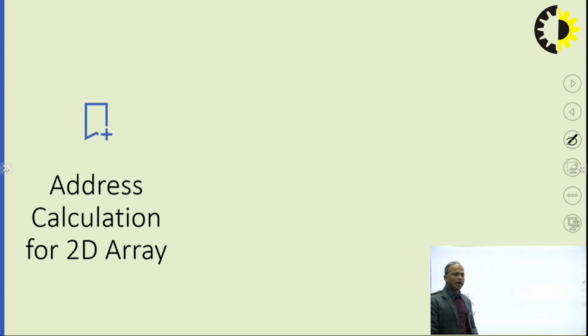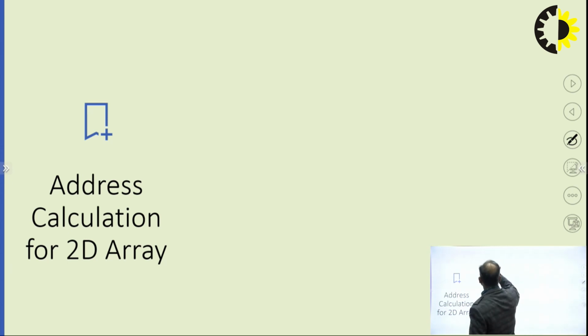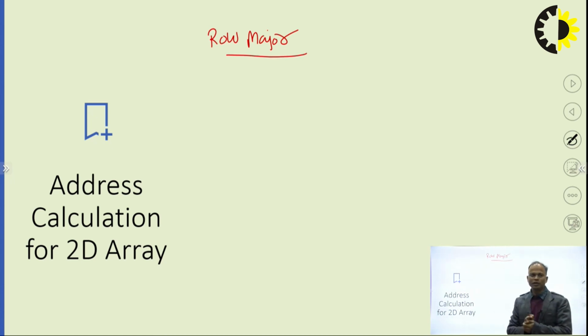After that, now we are trying to write out the formula of address calculation for the 2D array. So first of all, I am trying to explore how we can write the formula for the 2D array. This is a very easy technique. First of all, I am writing the formula for the row measure. How can we write the formula for the row measure?